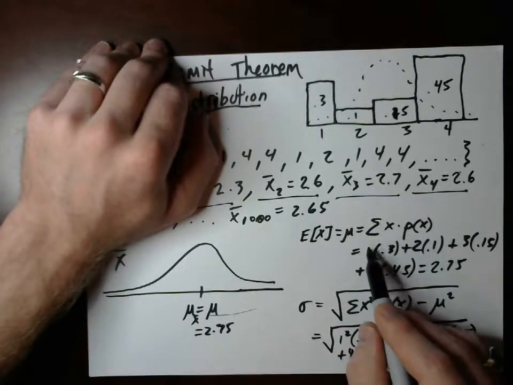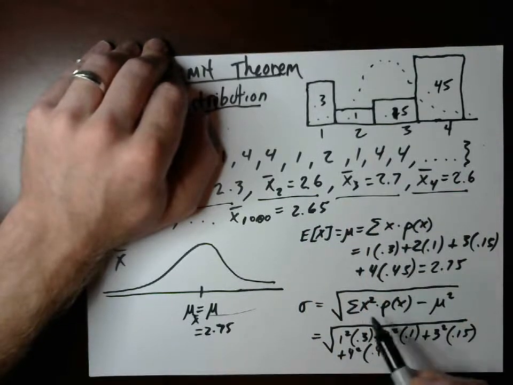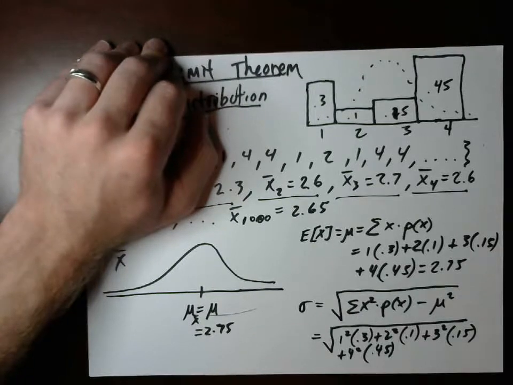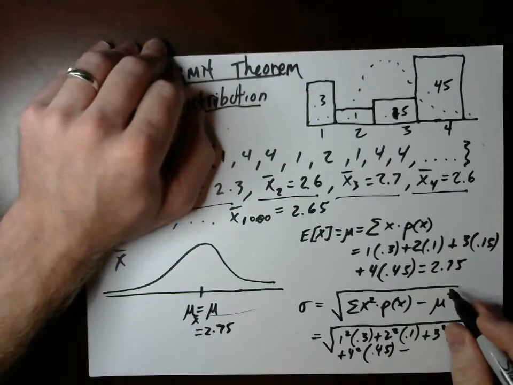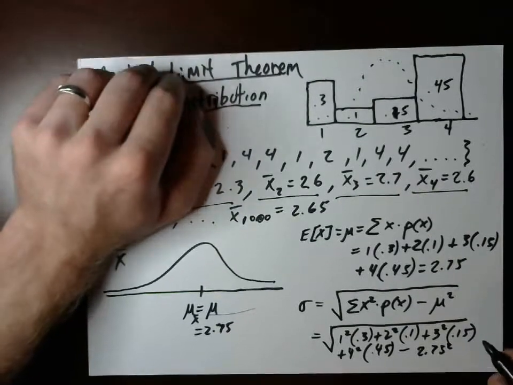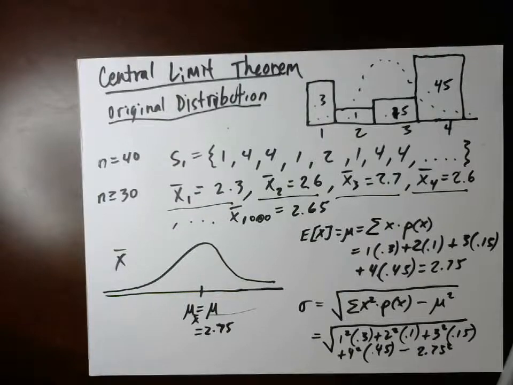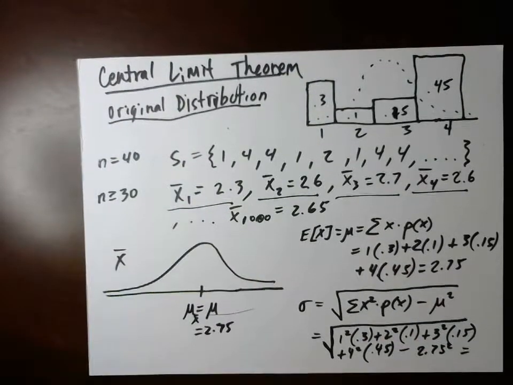All we have to do is square each of our x values, 1, 2, 3, and 4, in the equation, and we obtain this first part of the radicand. And then we have to subtract mu squared, which is 2.75 squared. So let's calculate that really quickly. This is all under the square root. Looks kind of goofy.